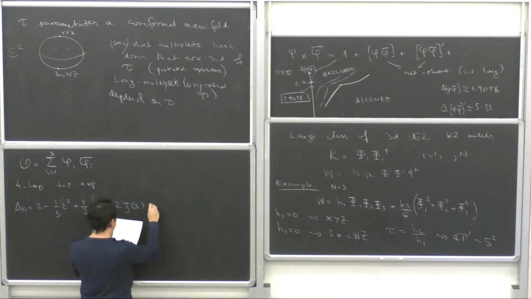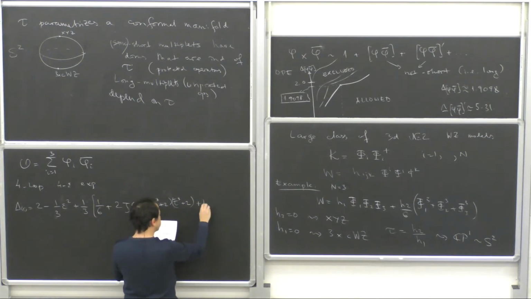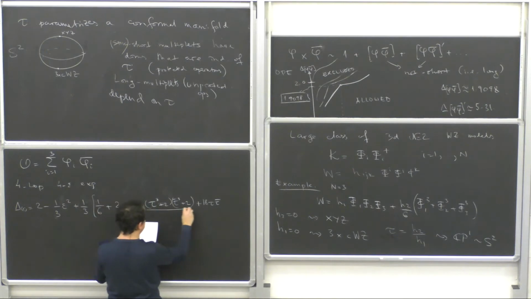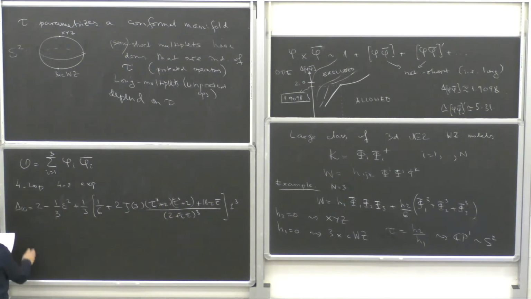Those of you who have done more than one loop in their lives will recognize transcendental numbers appearing. This is not an accident. They always appear when you do loops. And this whole thing multiplies epsilon cubed. And then there's a big nasty animal that is the four loop guy.